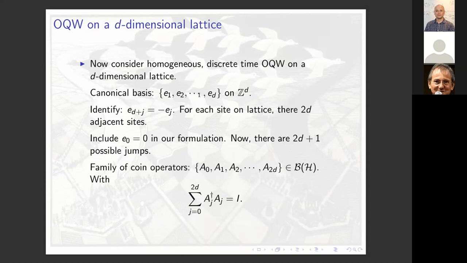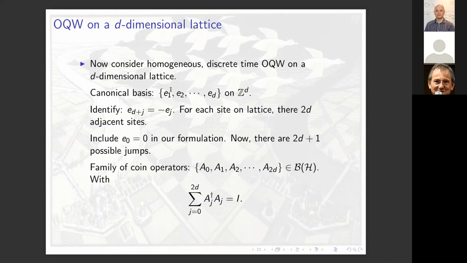So these set of unit vectors, E1, E2 up to Ed, and we identify E_{d+j} as minus Ej, right? So these unit vectors are basically describing the different directions that we could walk on this lattice, right?